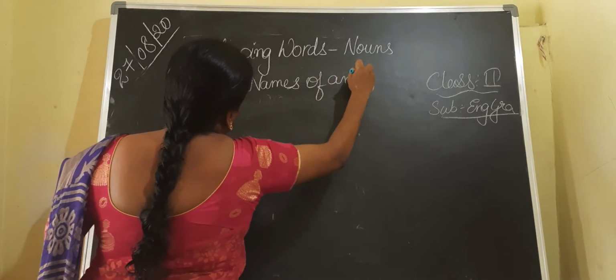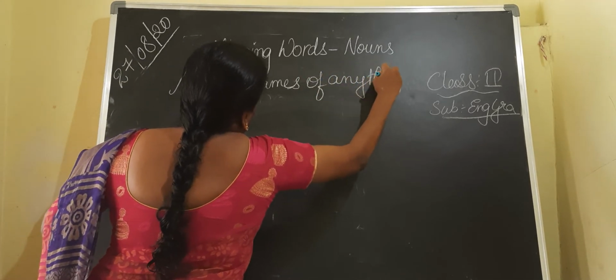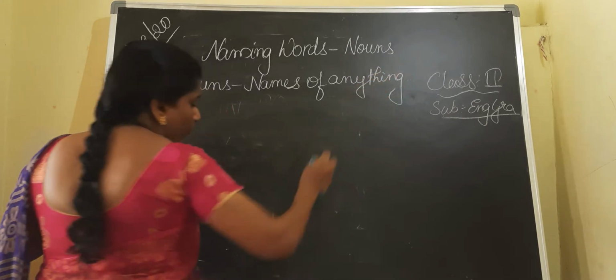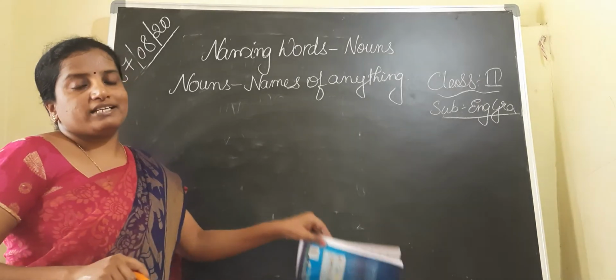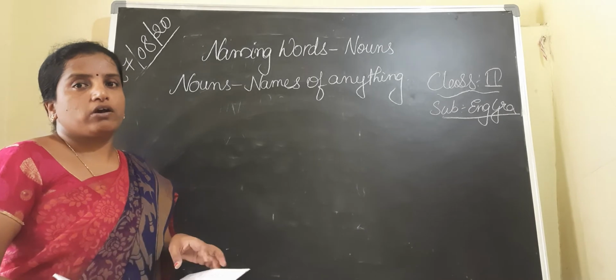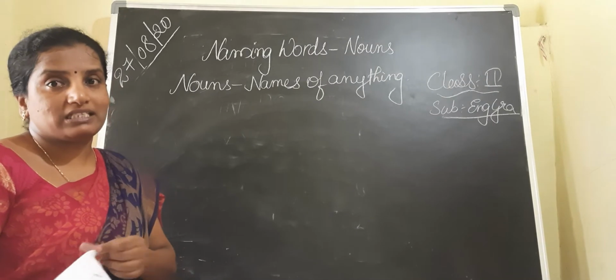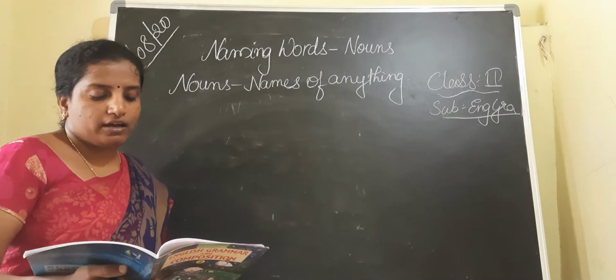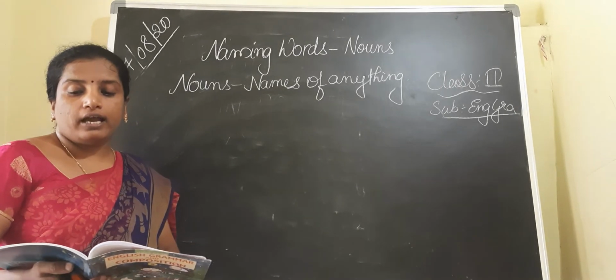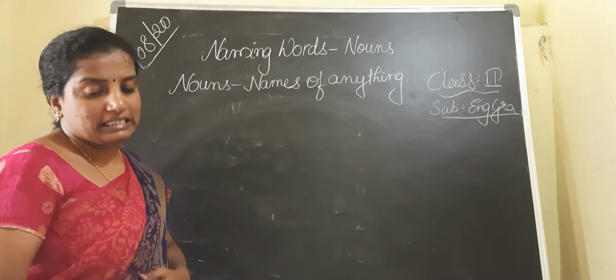I have explained to you a few categories of names, such as names of animals, birds, things, vegetables, fruits, jobs, and clothes.